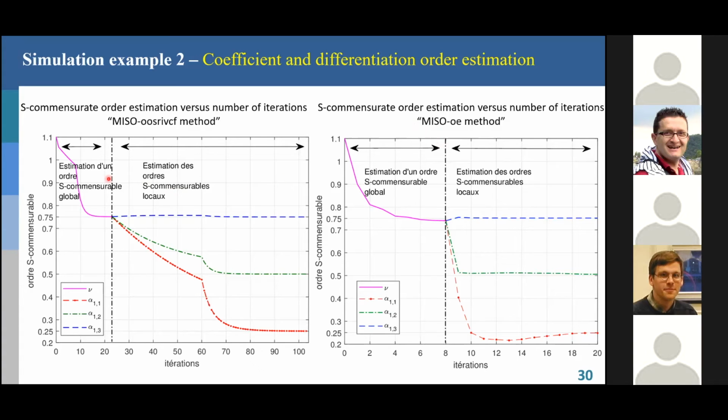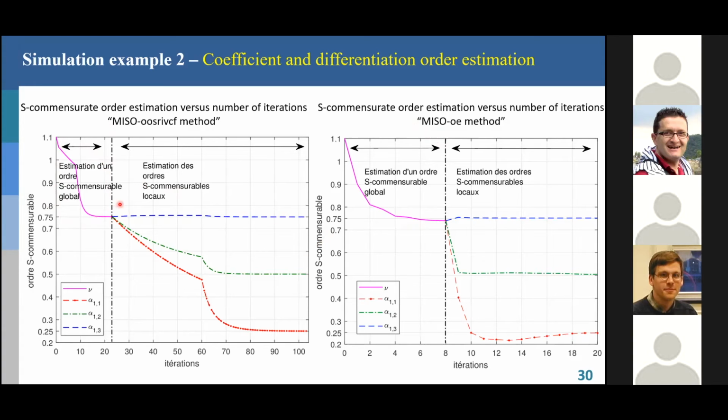We can see here that we estimate for the beginning an S-commensurable global order, which is in the two cases 10 to the 0.75, which is coherent with what we found with the cost function.